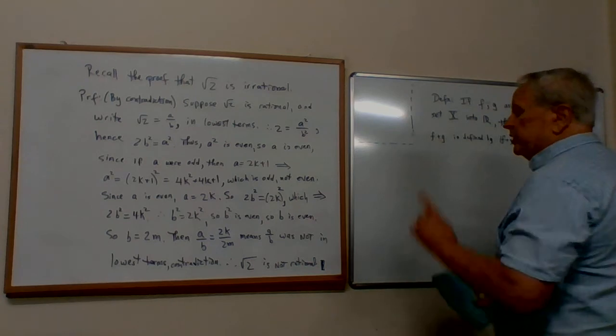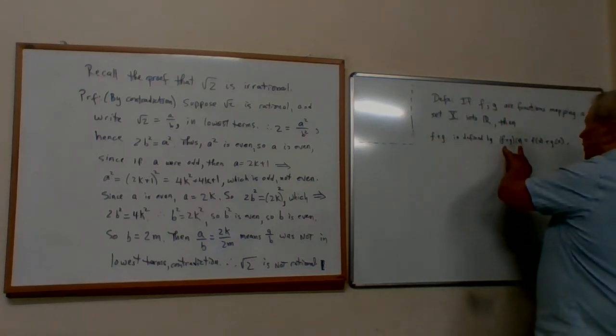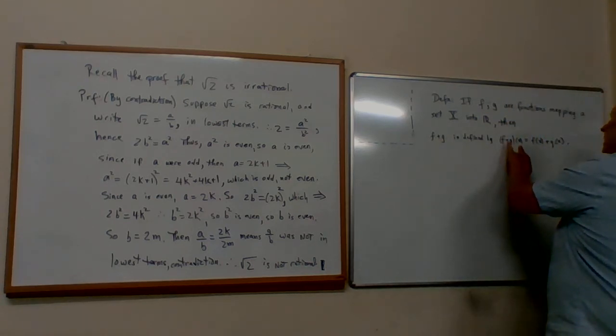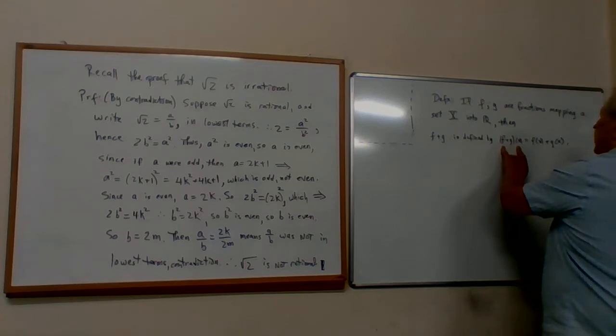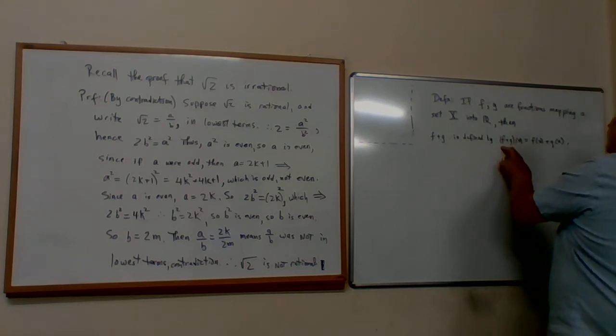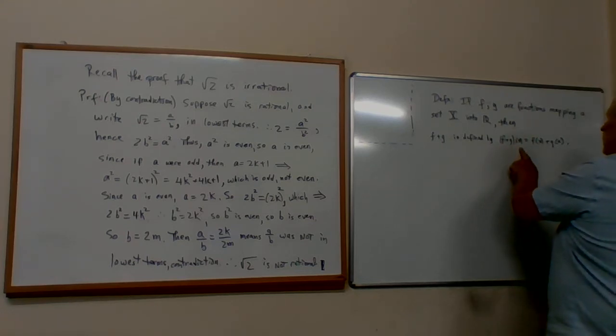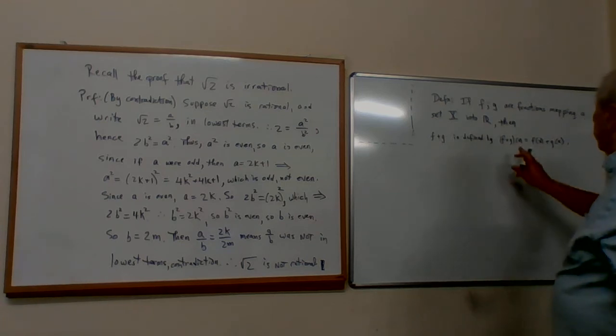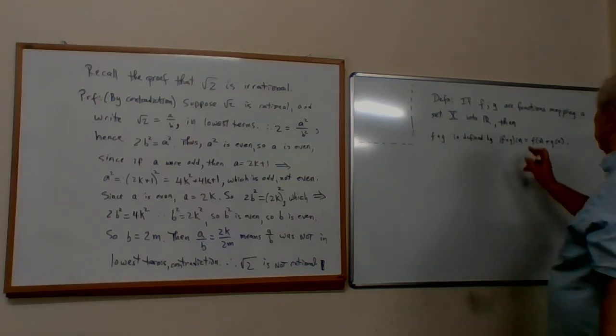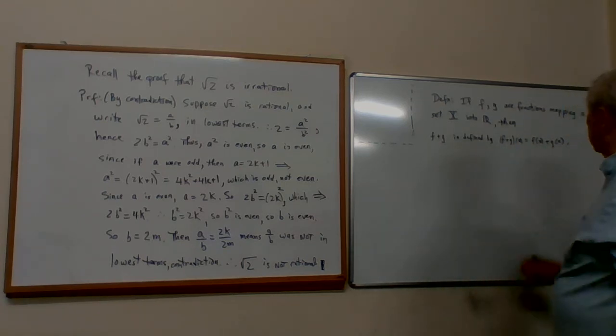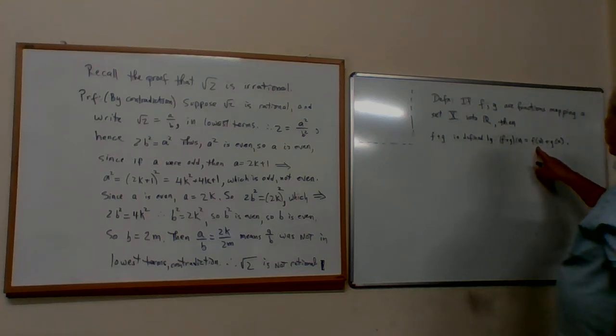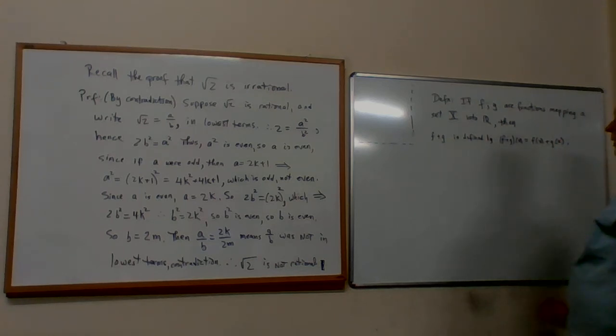Okay? This is not a distributive law. We're not talking about multiplication here. This is this function evaluated at that point. The function f plus g evaluated at the point x means I take f evaluated at x and I add g evaluated at x.